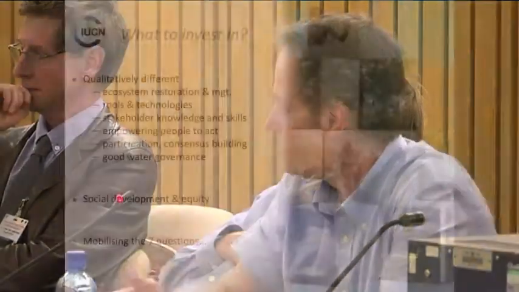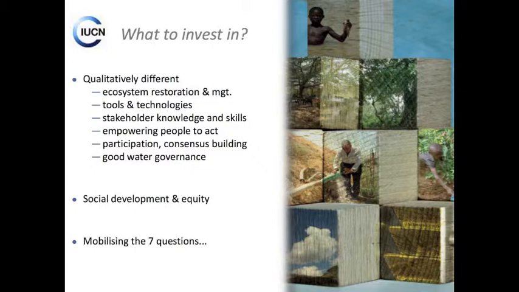So the final point here is that when you do make investments in ecosystem services, when you do make investments in natural infrastructure, you do that through the mechanisms of the ecosystem approach that we've been exploring. And that necessarily means that what you invest in nature is qualitatively different from what you invest in terms of major water infrastructure. So major water infrastructure investments may be very top-down, they may be very expert-driven. When you're investing in natural infrastructure, you're investing in yes, ecosystem restoration, yes, different kinds of tools and technologies for managing ecosystems.